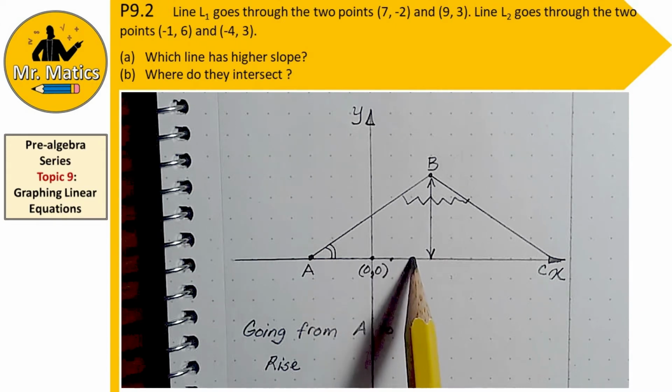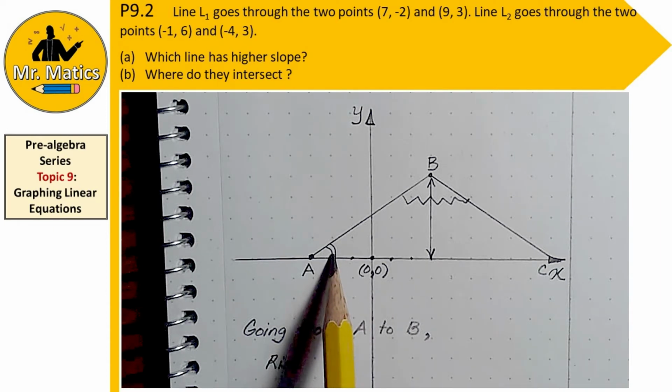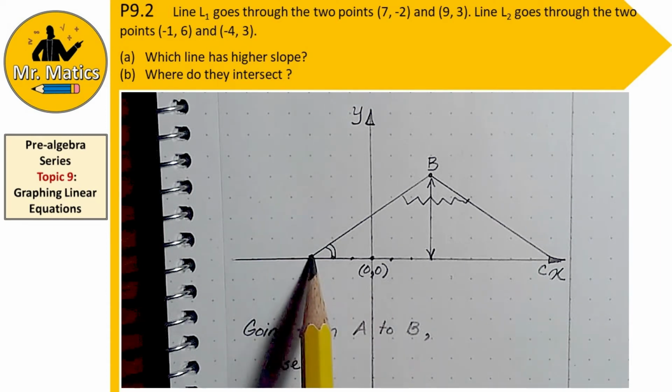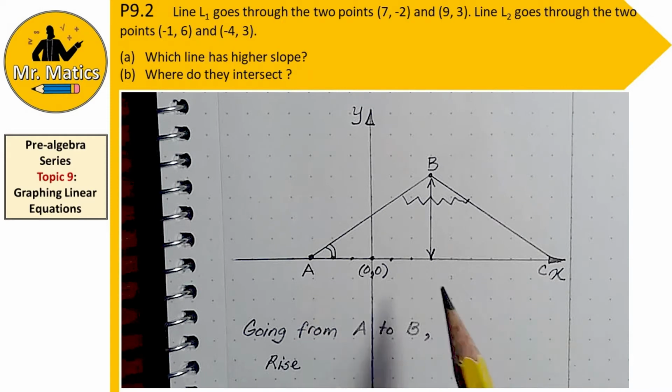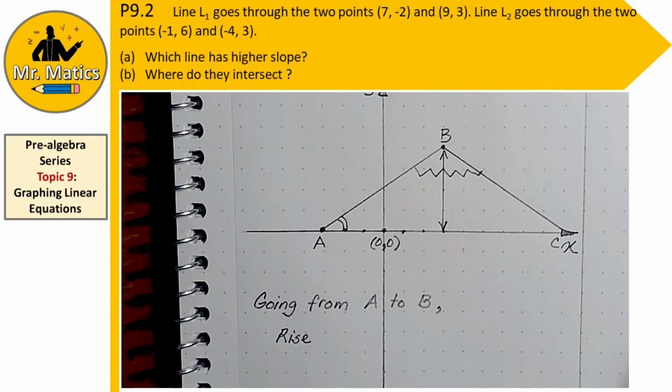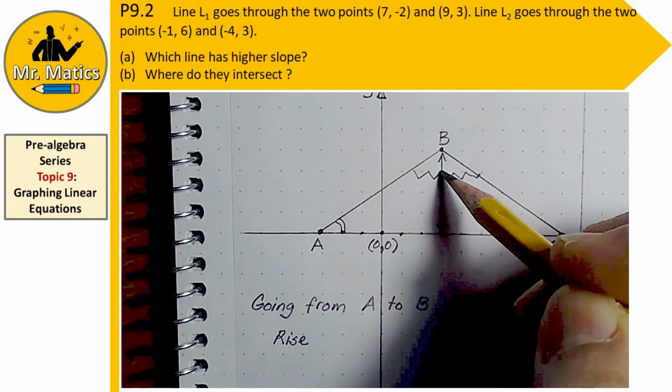This is 1 unit, 2 unit, and 3 unit. And in this direction, this is -1, -2, and -3. So from here to here, the number of units of x and the number of units of y, that's basically your rise and run. So rise is 1, 2, 3, and 4 units.